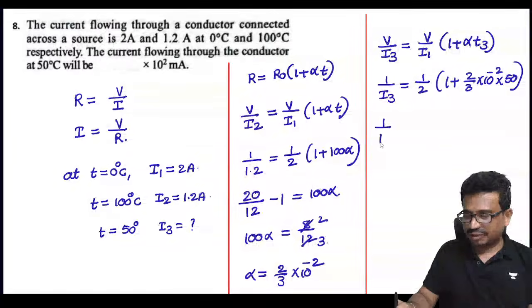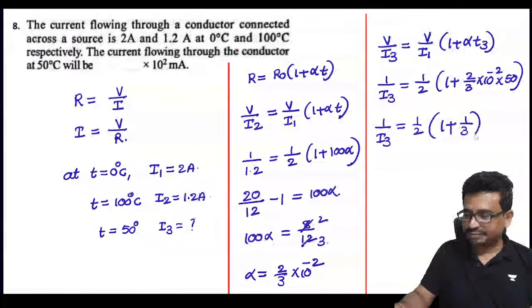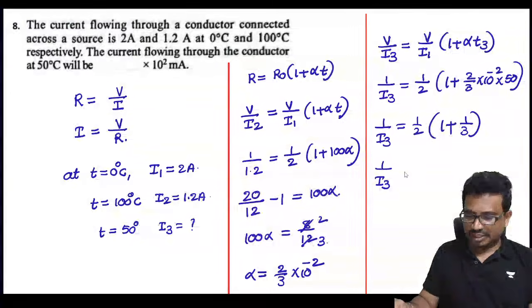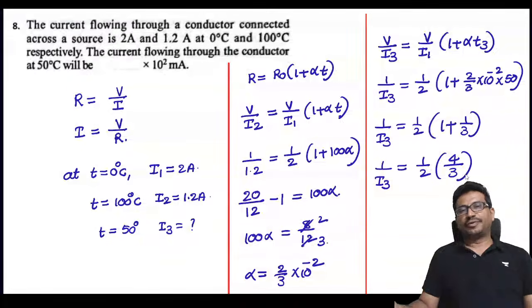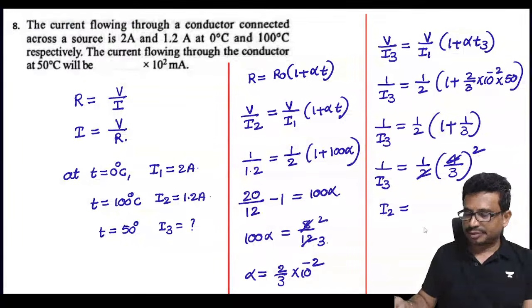That gives 1 by I3 equal to 1 by 2 into 1 plus 1 by 3, that is 1 by 2 into 4 by 3. So I3 is 3 by 2, that is 1.5.